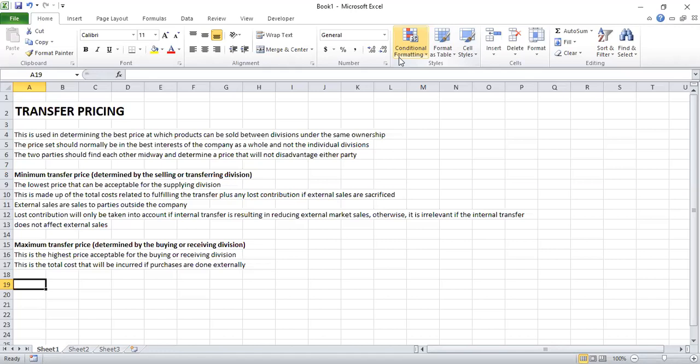Because once we buy at more than 120, our profits are going to reduce and we might not even get a bonus. So for us to buy from you as a sister company, we want to promote the business of the company. So it's rather better to buy from our sister company than from outside. But we can only accept that if your price is acceptable. And for the price to be acceptable, it should be at the maximum that we can buy from outside.